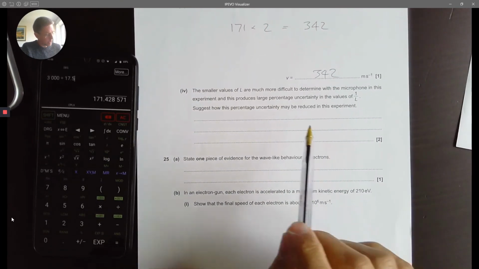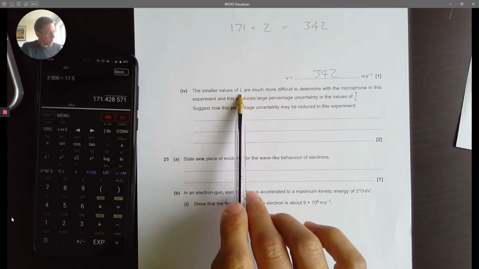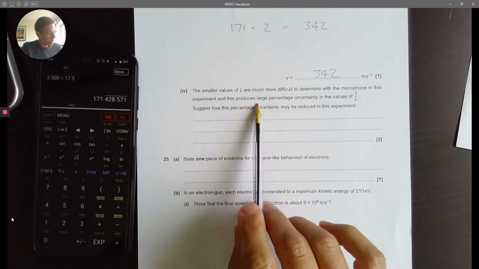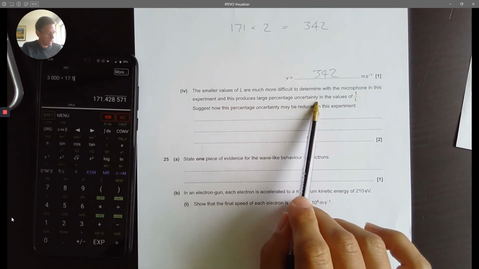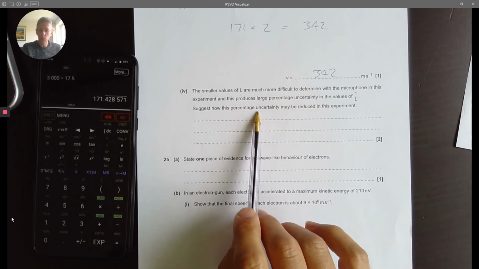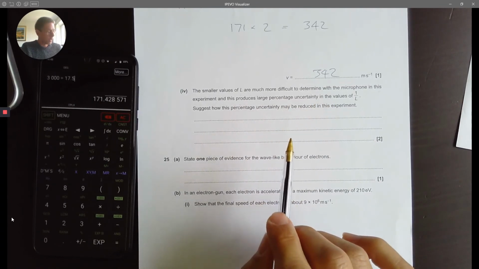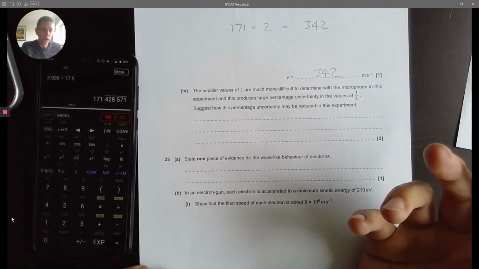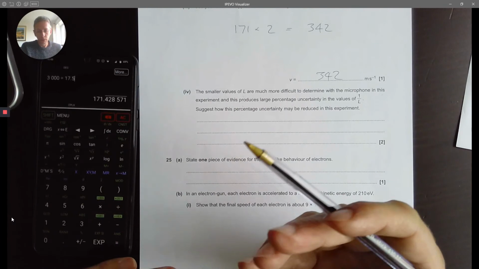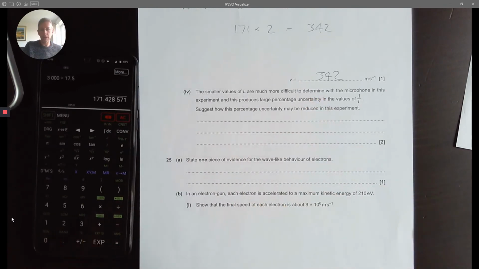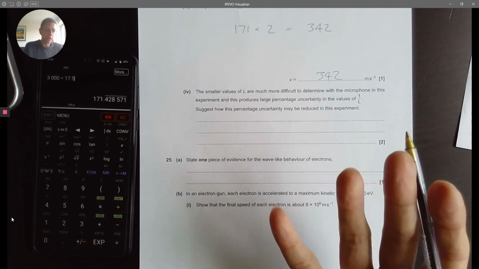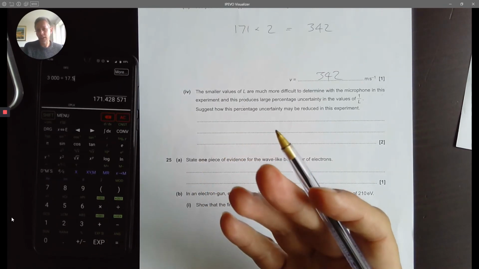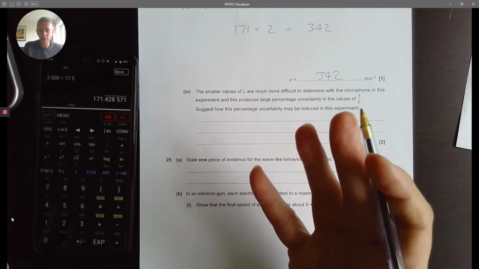And then last part of the question, smaller values of L are much more difficult to determine with the microphone, and this produces a large uncertainty. How could we fix this? So the problem here is that L is small. We might be measuring with a ruler that has millimeters on it, and if we're measuring 20 centimeters, a millimeter of uncertainty is very small compared to 20 centimeters, but it's not small compared to 5 millimeters.